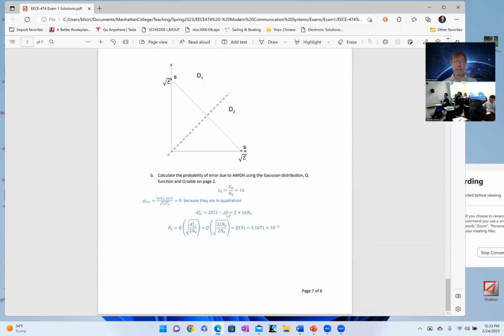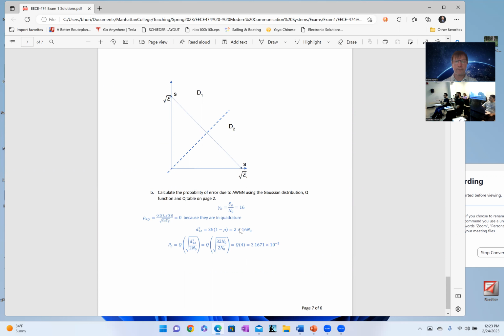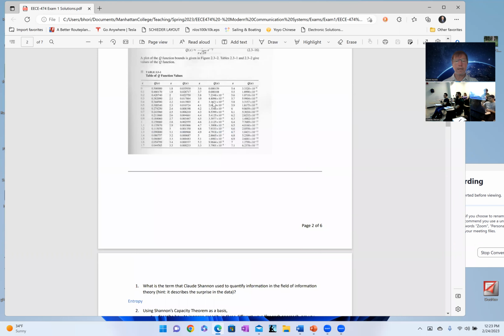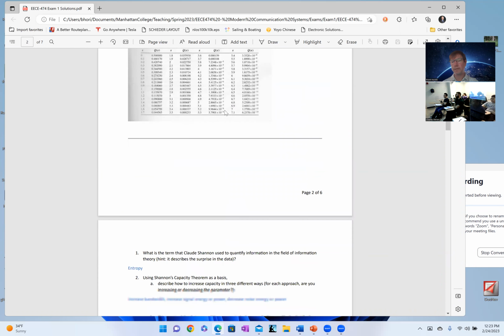So multiply that by 2, that's 32 N naught, over 2 N naught. The noise terms cancel out. You're left with square root of 16, which is 4. Go and look up Q of 4 in the table, and that's this entry right here, 3.167 times 10 to the minus 5th.